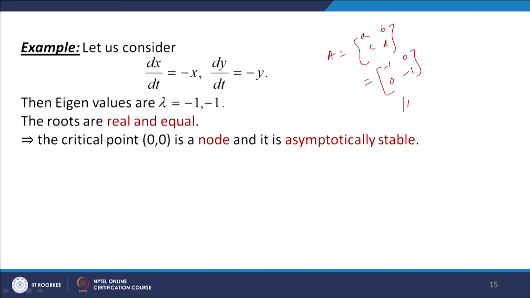So determinant of A minus lambda I equal to 0 will give you minus 1 minus lambda, 0, and 0, minus 1 minus lambda. So this implies lambda is equal to minus 1, minus 1. So the eigenvalues are real and equal. They have negative sign. So the critical point (0, 0), as we have discussed right now, is a node and it is asymptotically stable.